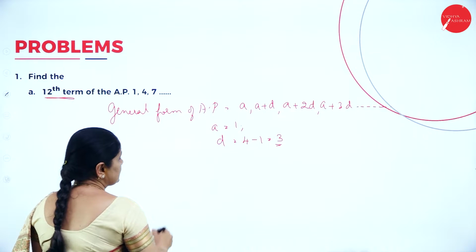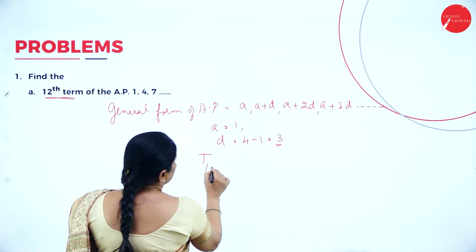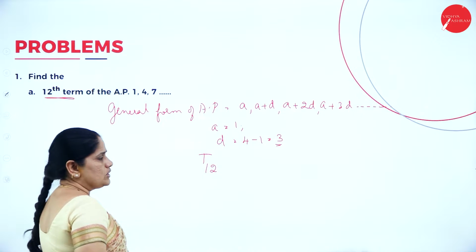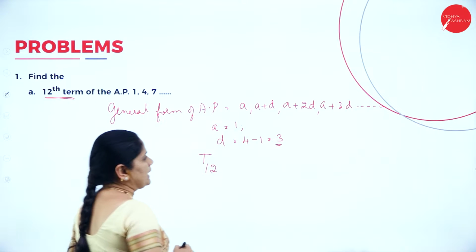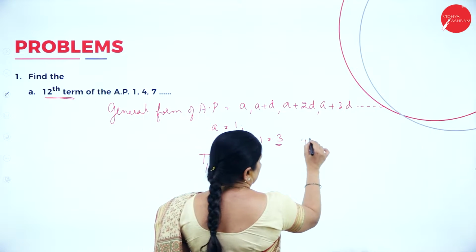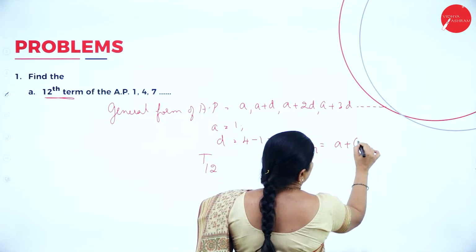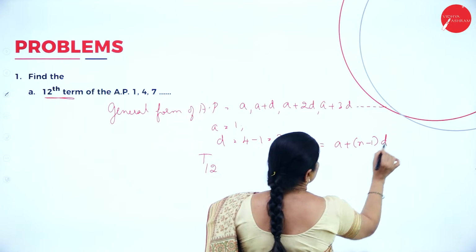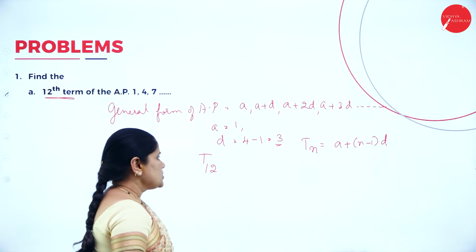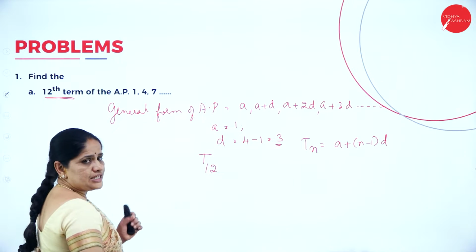The 12th term of the AP will be T12. So I have to use the formula Tn equals A plus n minus 1 into D. Instead of n, I'll write 12.